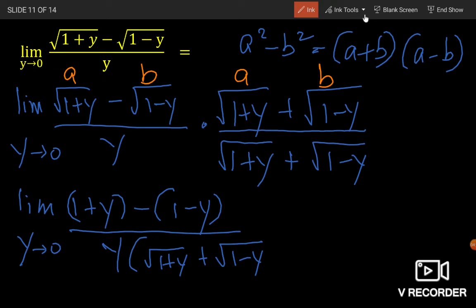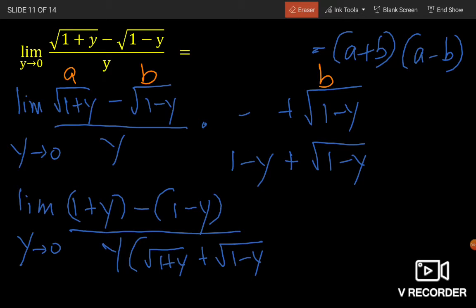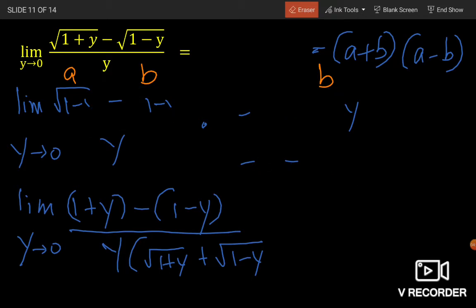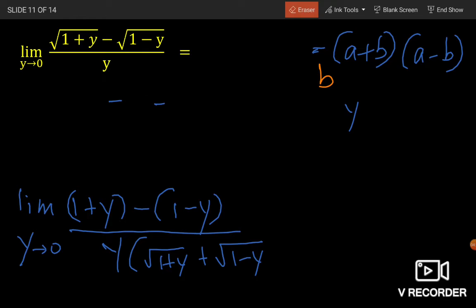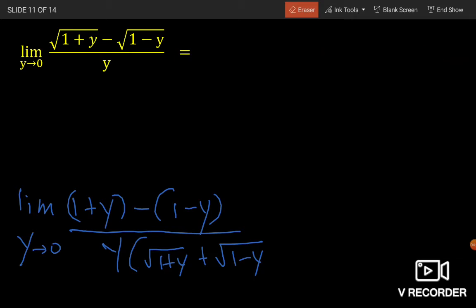Now, let's just clean this up a bit. Let's erase this. Okay, now if we simplify the numerator here, if you make this positive, this will be negative, and this will be positive.